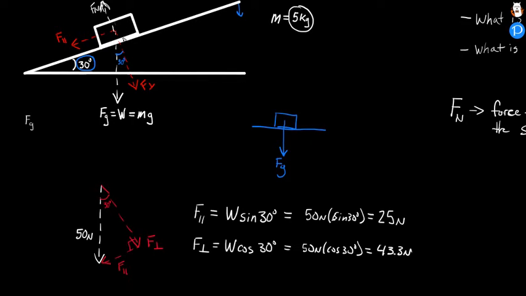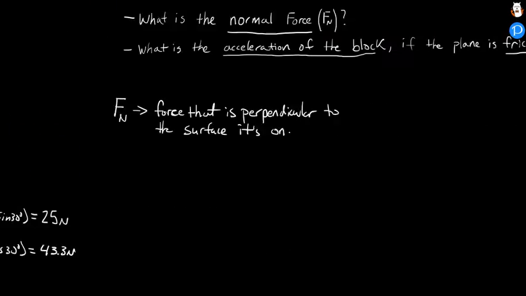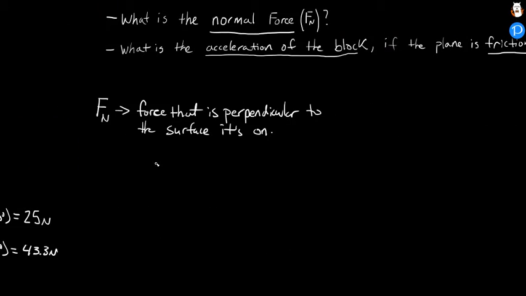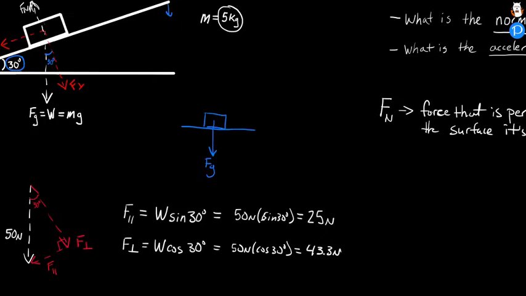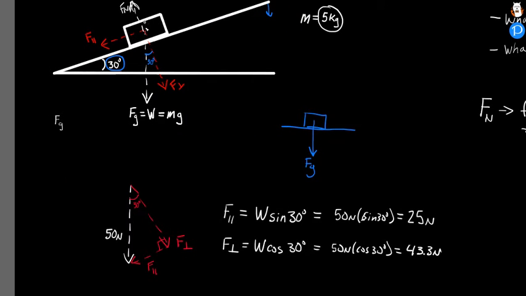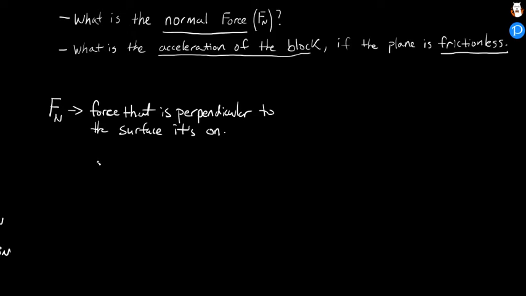Well, let's think about it like this. For the normal force here, and this force that's perpendicular here, since this box is not accelerating up or down, or at least in this specific direction this way, we can say that the normal force plus the force that is perpendicular has to be equal to 0.